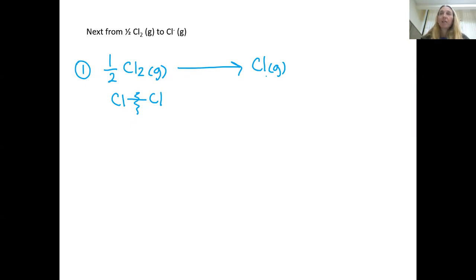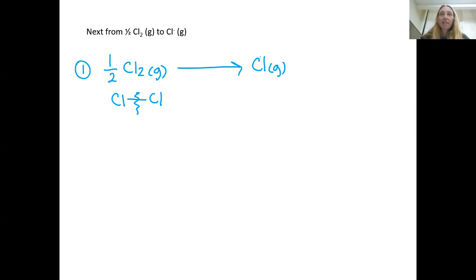The first thing I need to do is take this chlorine, which is Cl bonded to Cl, and break this bond right here.